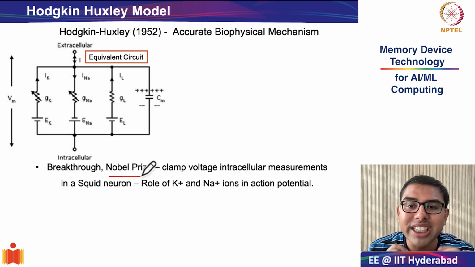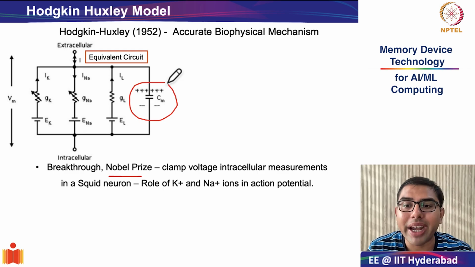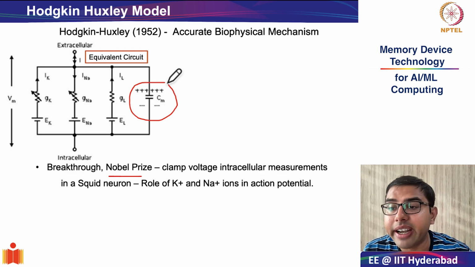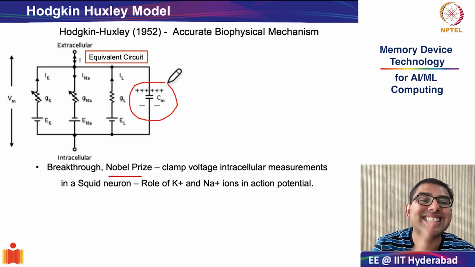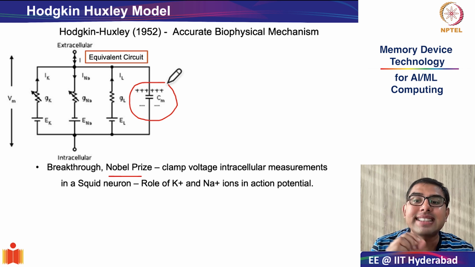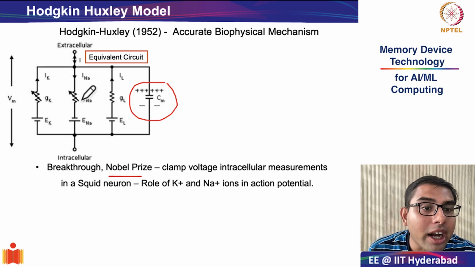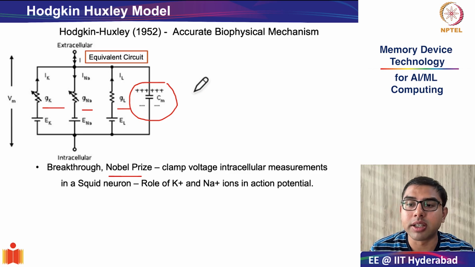So in the Hodgkin Huxley model, what is common is that you have a membrane capacitance, just like you saw in your previous leaky integrate fire neuron. But in parallel with this membrane capacitance is not just one fixed resistor, but several variable conductances that represent different ion channels. These are mainly sodium, potassium, and some other leak channels, which account for other ions.